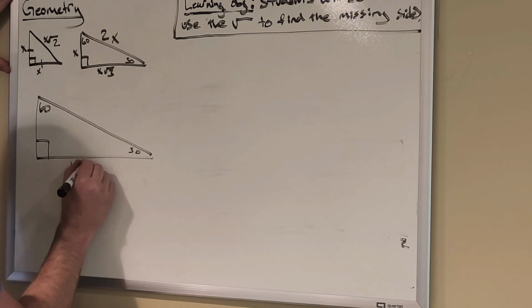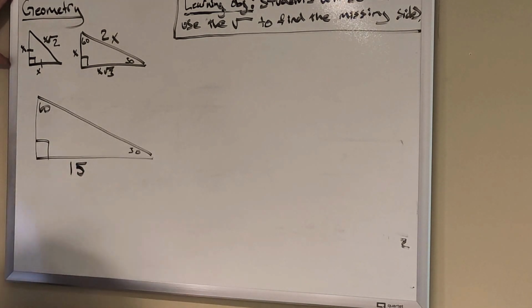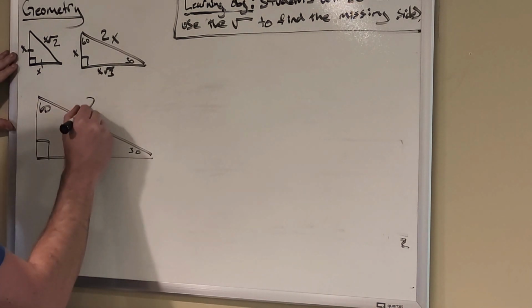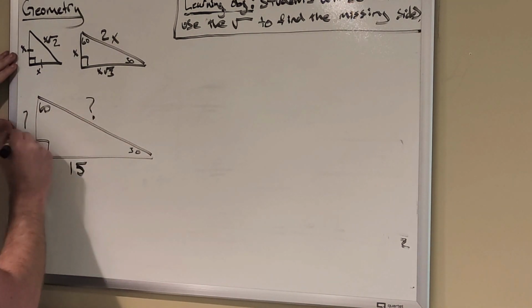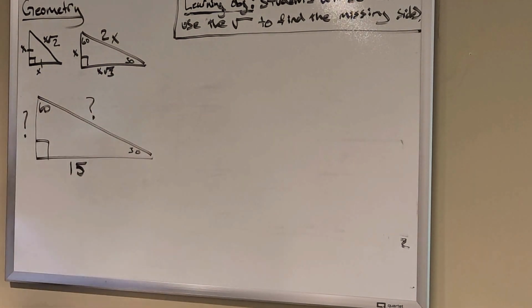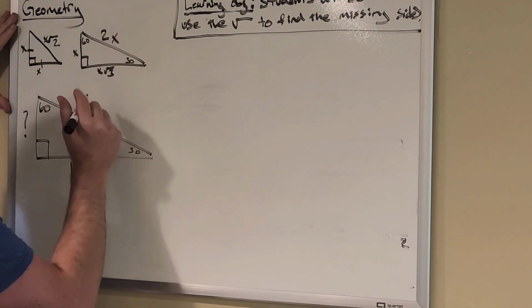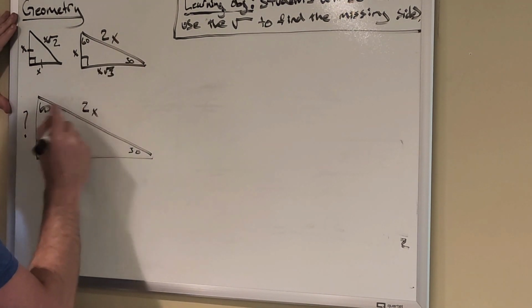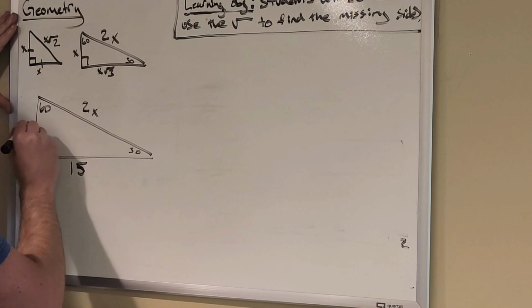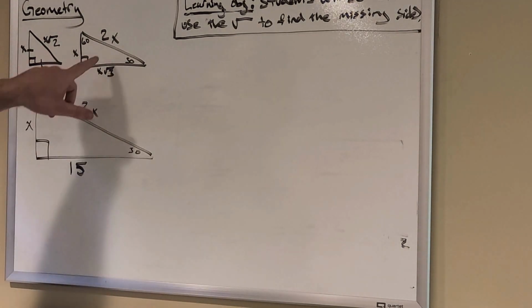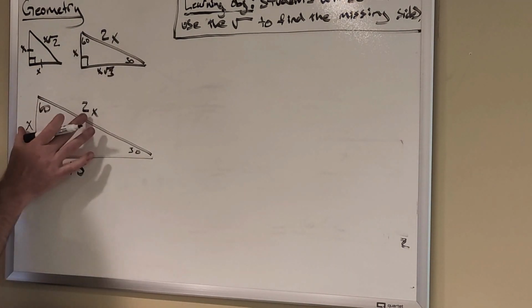I'm given 15 down here, and I want to find these two sides. We'll label them as 2x and x, because I have that 30, 60, 90, and those are the two sides that I'm looking for.